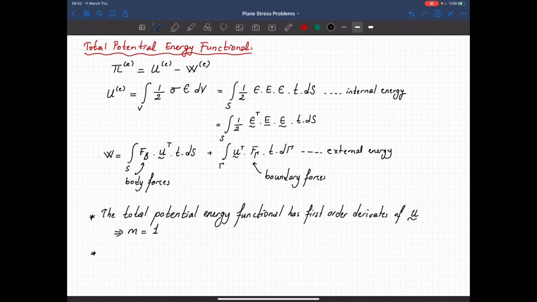So from that we can just say that any trial function with C0 continuity is an admissible displacement interpolation.